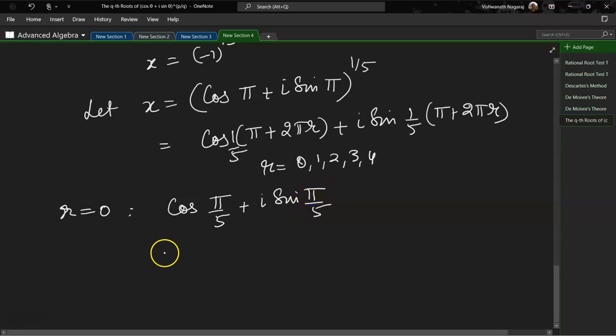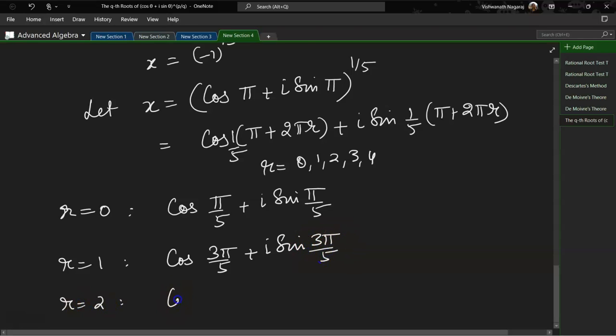R equal to 1: cos of (pi plus 2 pi) by 5, so 3 pi by 5, plus I sin 3 pi by 5. R equal to 2: cos of (pi plus 4 pi) by 5, so that is 5 pi by 5 plus I sin 5 pi by 5.